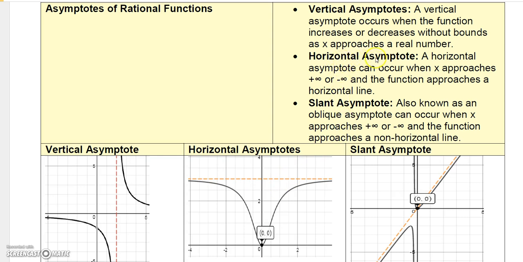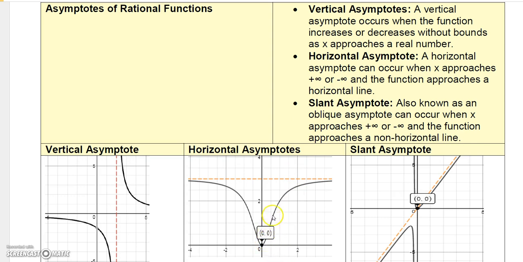Now, a horizontal asymptote can occur when x approaches infinity or negative infinity, and the function approaches a horizontal line. So basically, if the function approaches a horizontal line, it approaches some constant. So take a look at the second example.